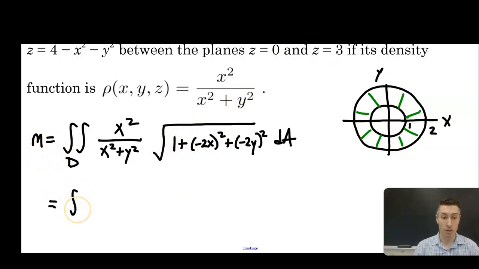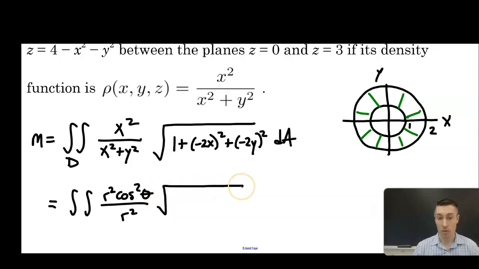So that's going to be the double integral of r squared cos squared theta over r squared, times the square root of 1 plus 4x squared plus 4y squared, so 1 plus 4r squared.